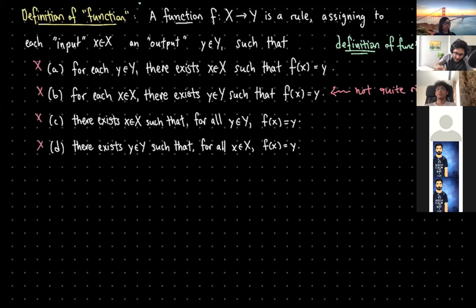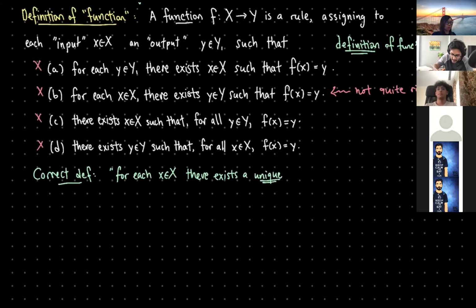I can explain why. But the correct definition would be something like this. For each x, there exists a unique y such that f of x equals y.